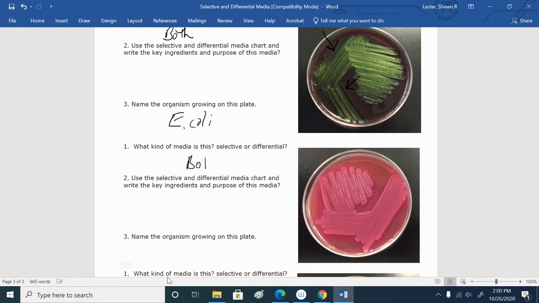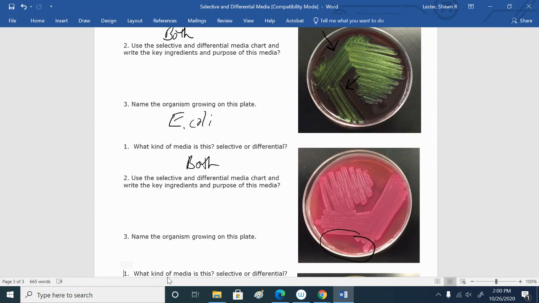It's both. And again, you would look at the key ingredients to see what makes it selective, what makes it differential, and why.